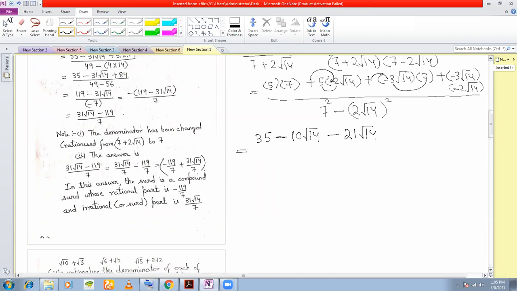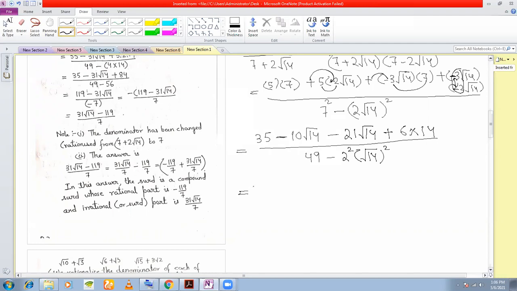Here again, these two minus signs will combine to give you a plus sign. So plus, and 3 into 2 gives you a 6, and root 14 into root 14 will give you a 14. Divided by 7 square is 49, minus 2 root 14 whole square.